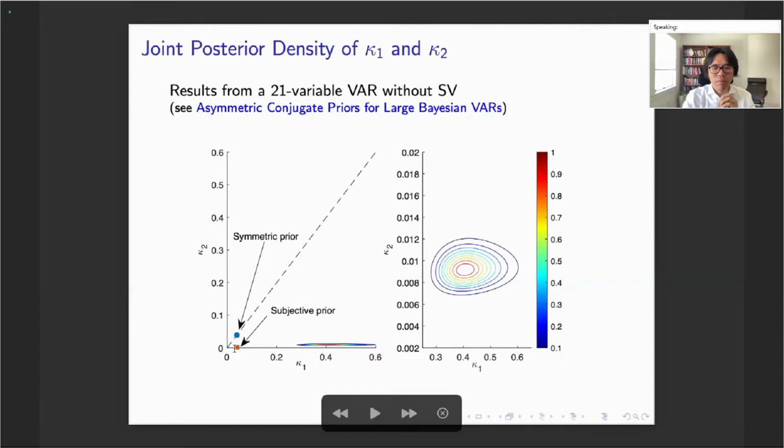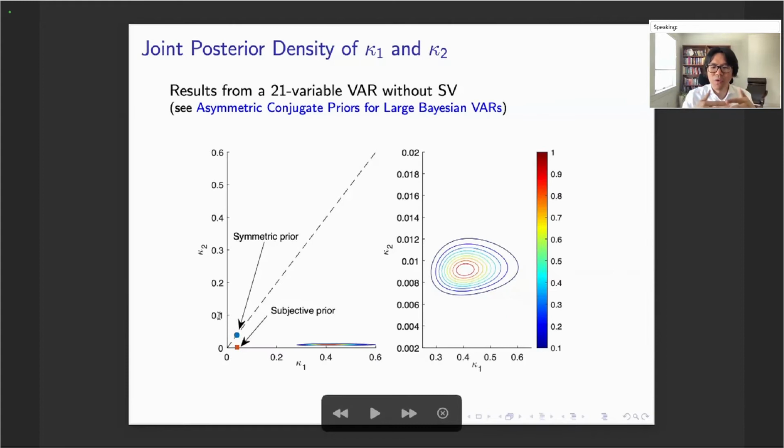So another widely used prior is to turn off the cross-variable shrinkage, meaning that you set kappa 1 and kappa 2 to be the same, but you estimate them, and it would be on the diagonal line, so it would be somewhere here. So it would be a compromise, right? The estimated kappa 1 would be a bit bigger, and kappa 2 would be bigger, right?